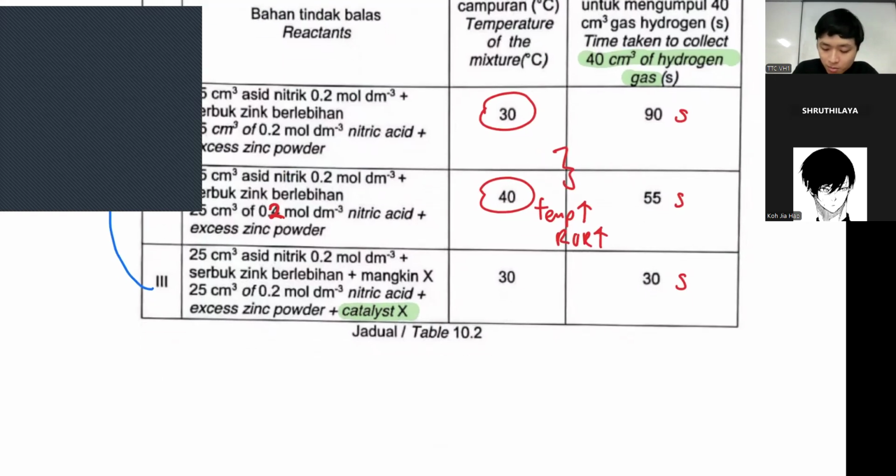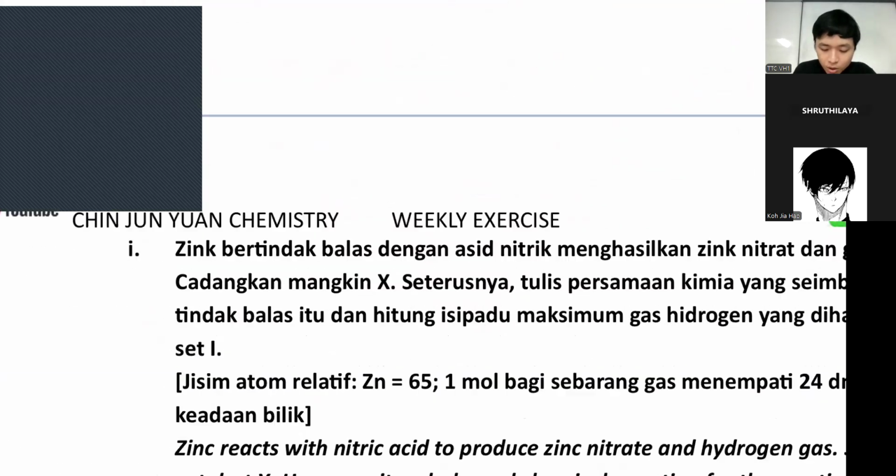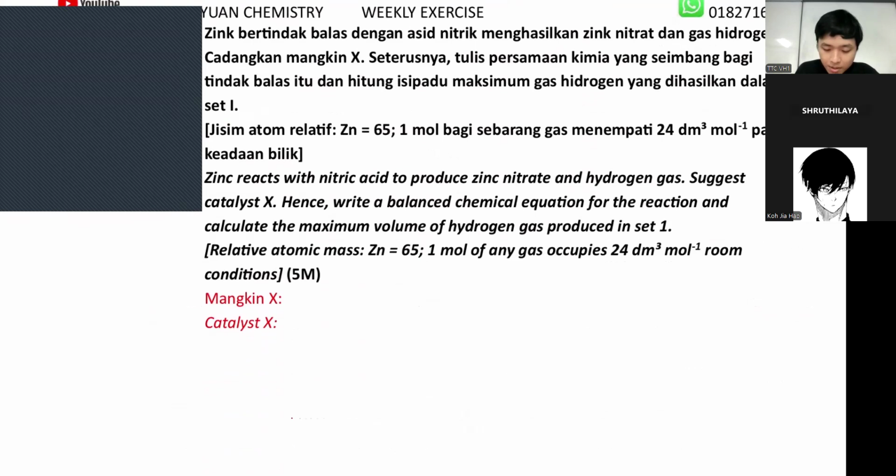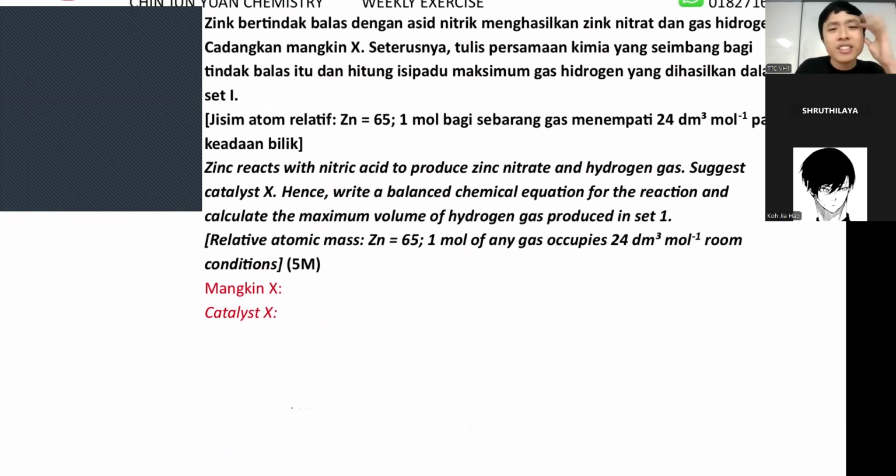With, right? That's why here they use lower time. It means higher reaction. Got catalyst, higher reaction. So we do the calculation first. They ask what is catalyst X? Suggest catalyst X.